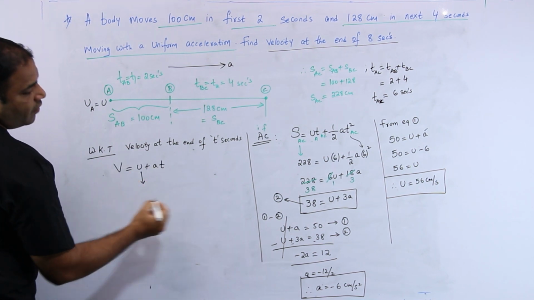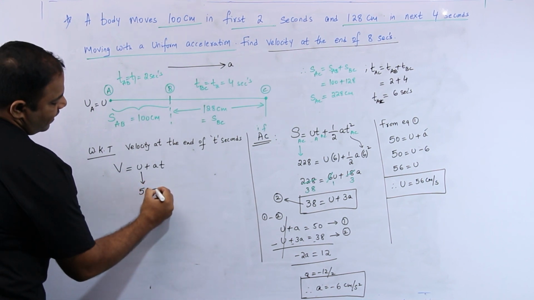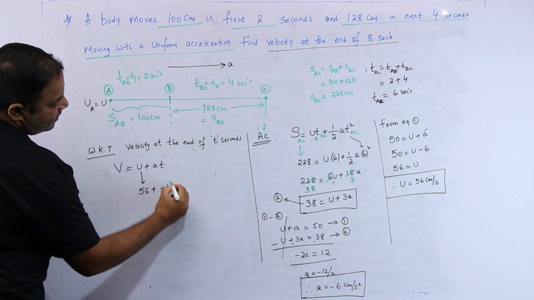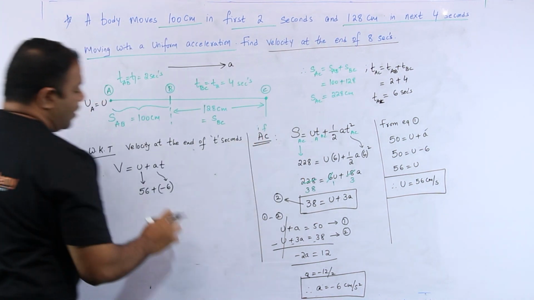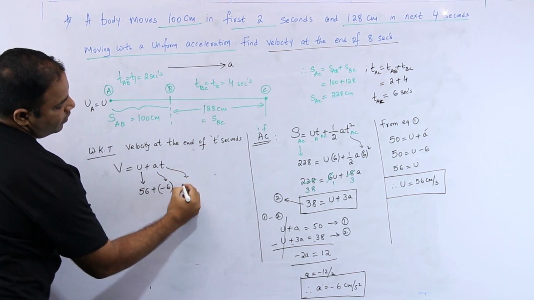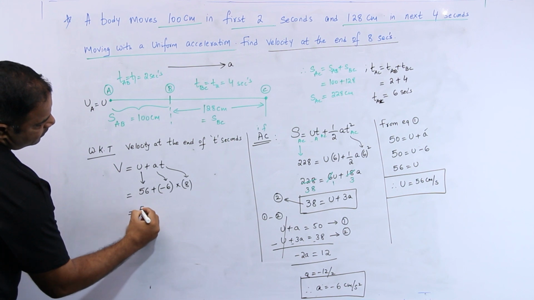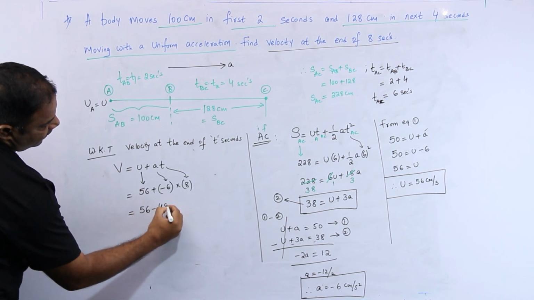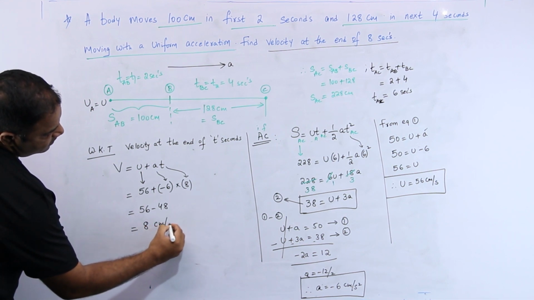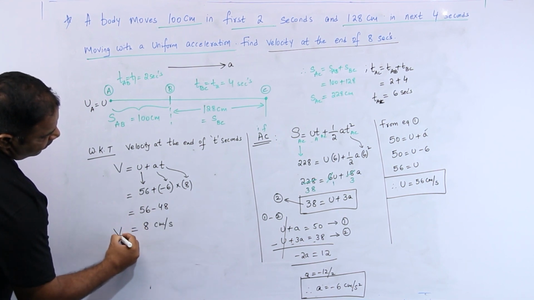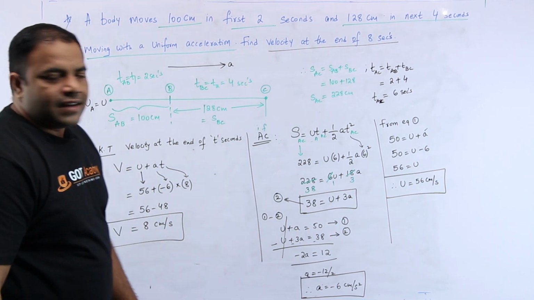The initial velocity u is 56, whereas the acceleration is -6, and the given time is 8 seconds. So in place of t, we have 8 seconds. So now it is 56 minus 48, that is 8 centimeters per second. So this is the value of velocity at the end of 8 seconds.